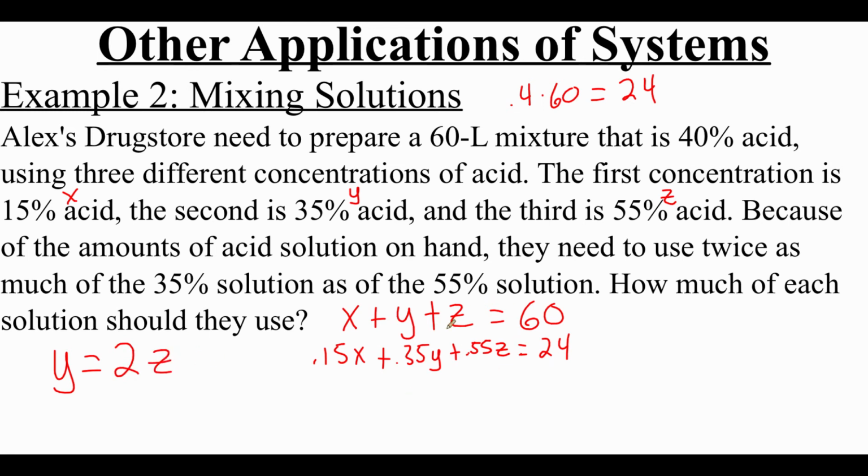Now with these equations, we've got all of our variables on the left-hand side, which is why I wrote this one off to the side, because what I want to do is get my y and z values on the same side. So I'm going to subtract that 2z over. Then that's going to give me the equation y minus 2z equals 0.